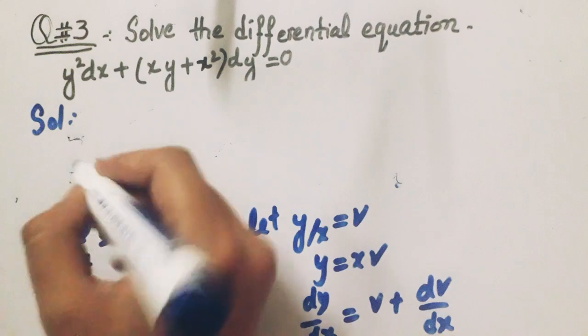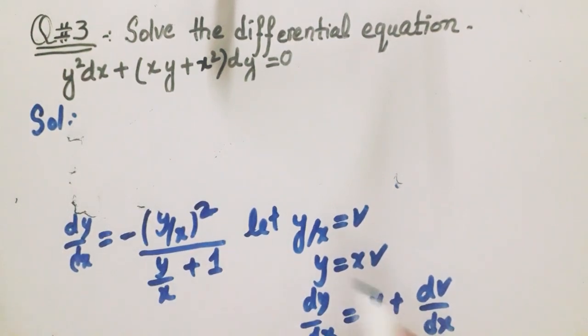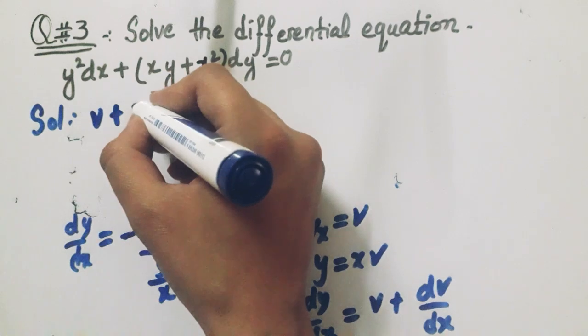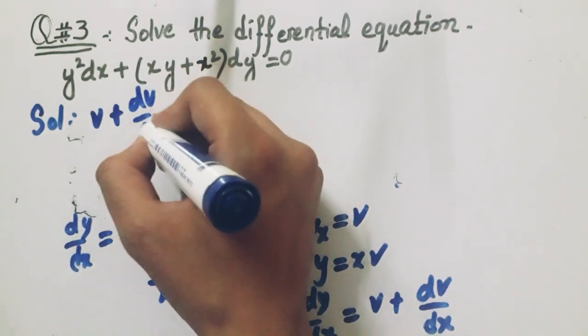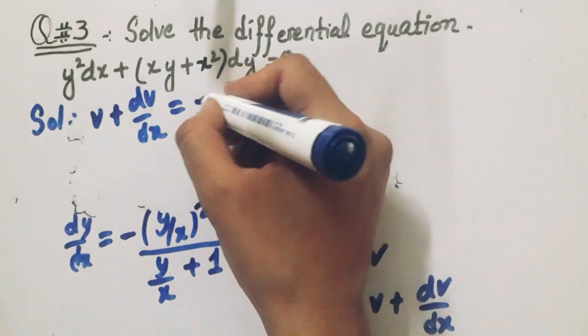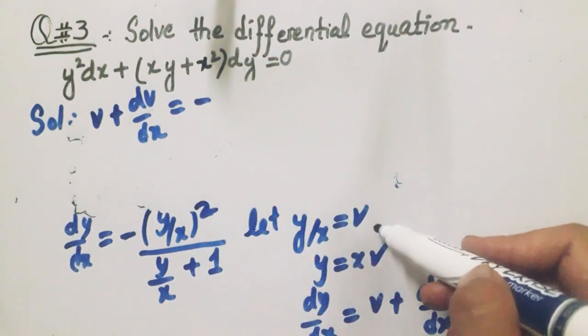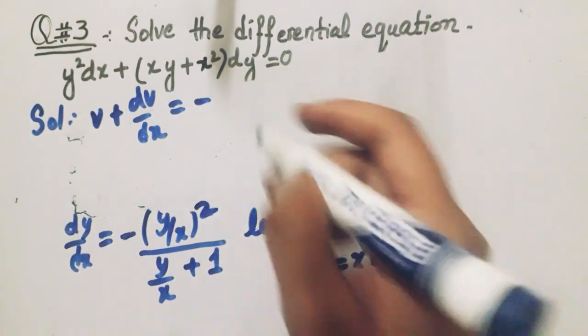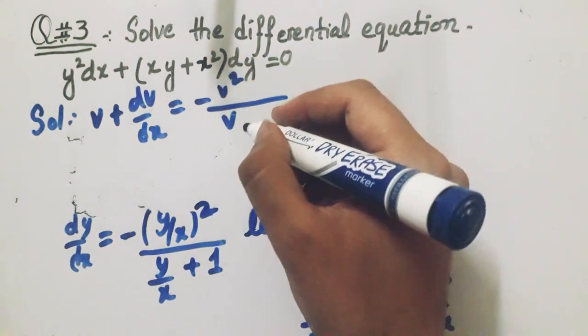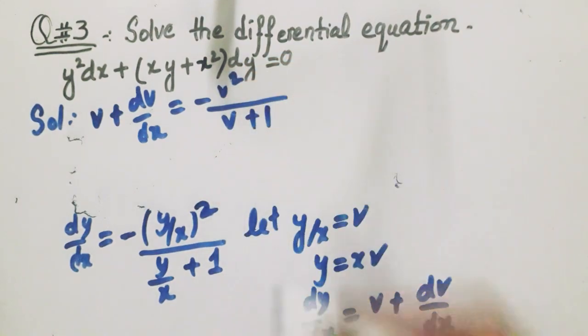Now write in the place of dy/dx, v plus x dv/dx, is equal to minus y/x is v, so (y/x) squared is v squared, divided by v plus 1.